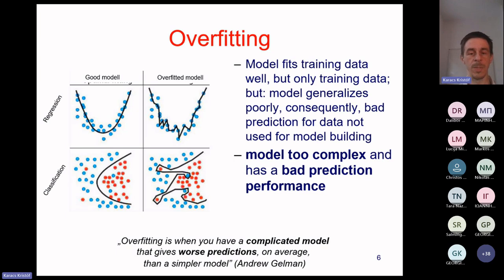So this should also be taken into account when we do evaluation. And actually, the methodology in evaluation will be able to predict somehow how much overfitting happens.